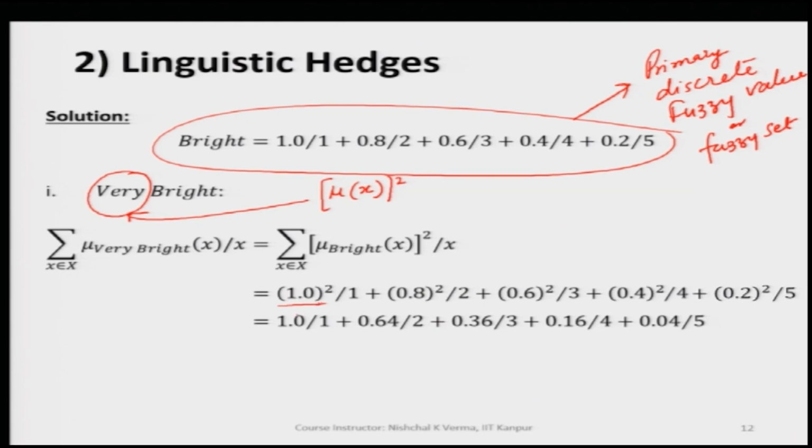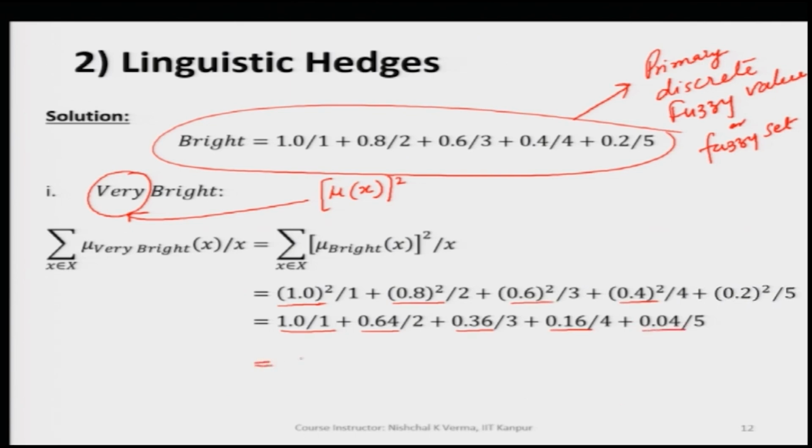Here we are squaring 1, so 1 will become 1 only, and then 0.8, when we square it, we get 0.64, and the square of 0.6 will become 0.36. Similarly, the square of 0.4 will become 0.16, and the square of 0.2 will become 0.04.